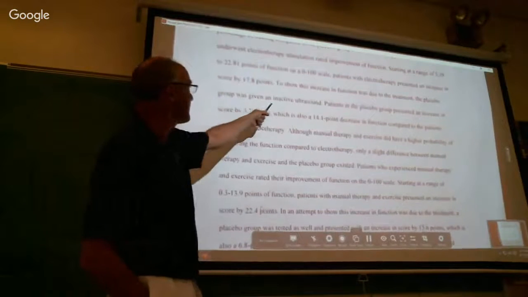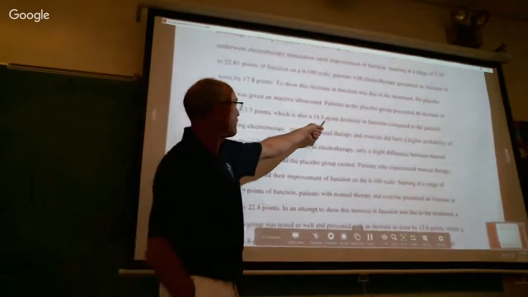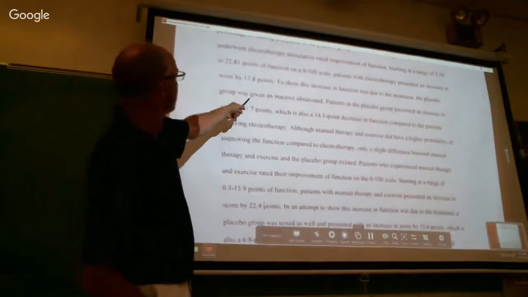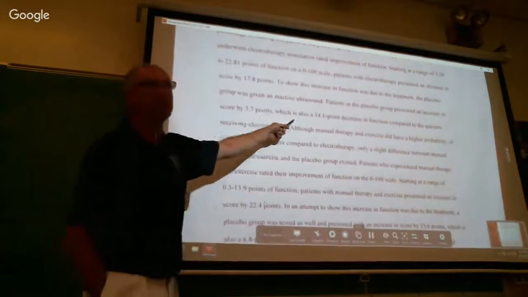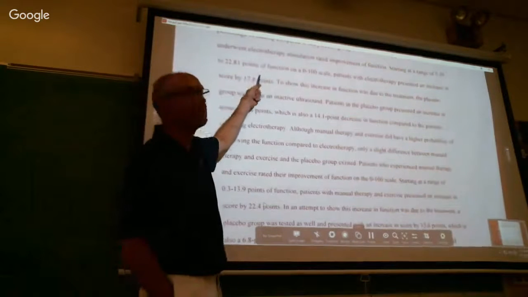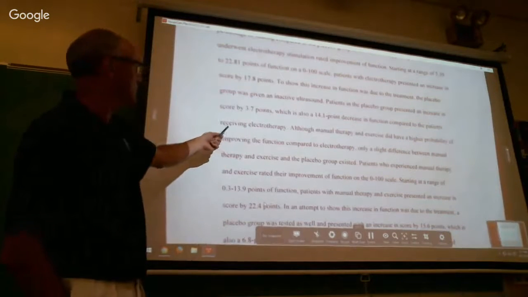The placebo group was given an inactive ultrasound, and so they had a 14-point decrease in function compared to the patients with, wait a minute, do they have an increase in function? Yeah, they had an increase and they had a decrease. All right, so these guys went down by 14 points. These guys went up by 17 points. So that makes sense, right?